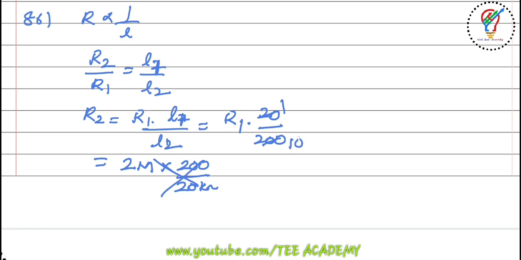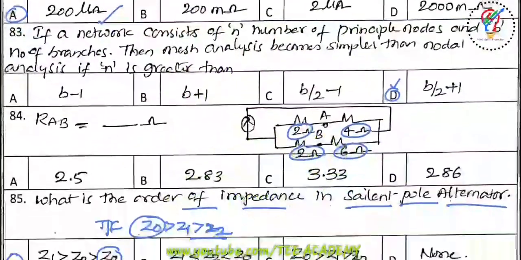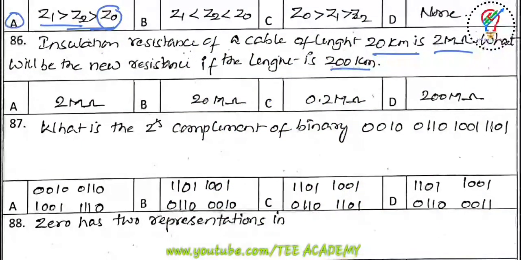So that is 1 over 10, so R2 is 2 mega ohms divided by 10, which means 0.2 mega ohms. So the answer is 0.2 mega ohms, which is option C.